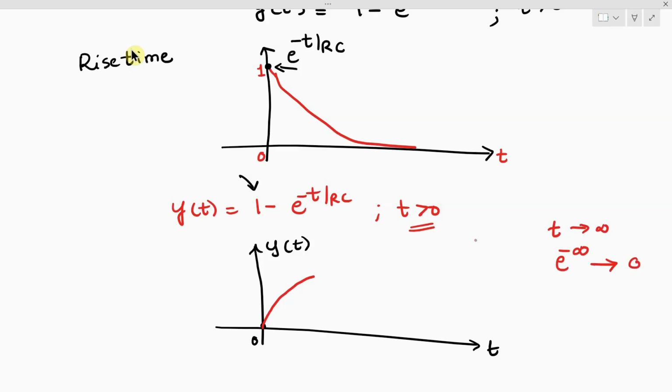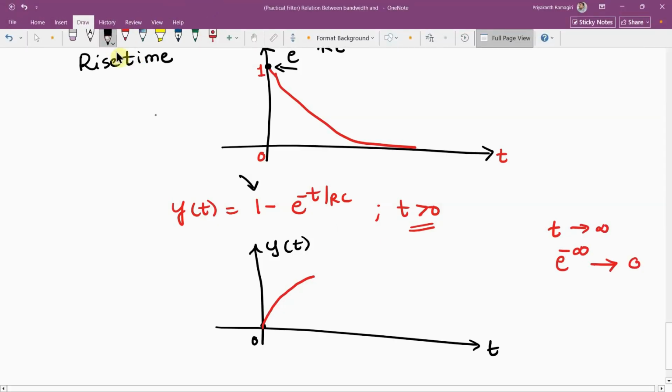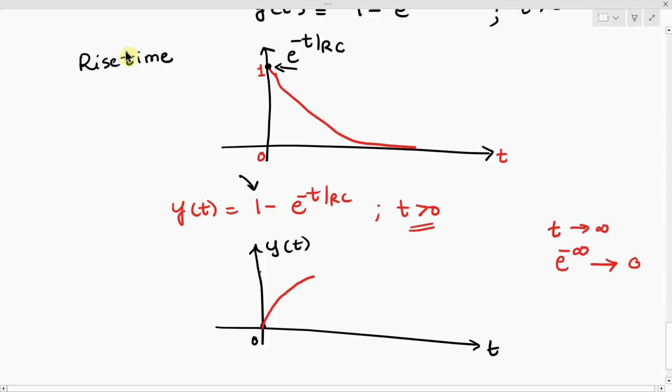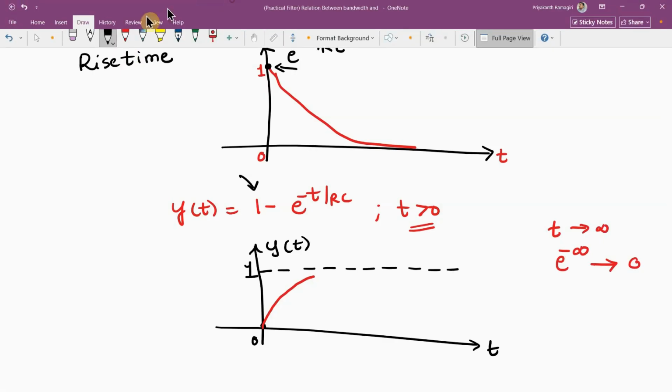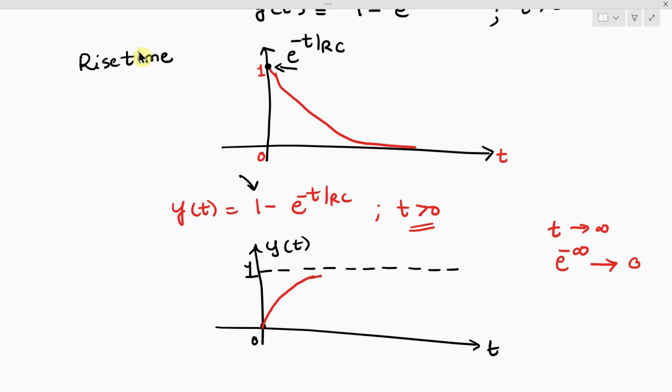That means the maximum value the signal reaches is 1. This dashed line I have drawn is to make you understand that the system output y of t reaches a maximum value of 1, and that it touches 1 only at infinity.